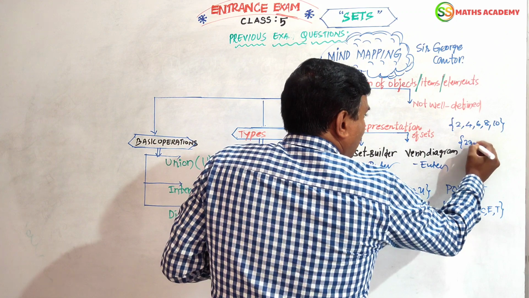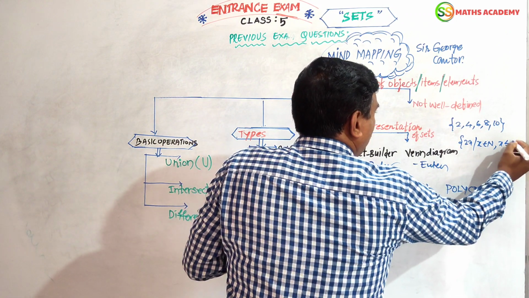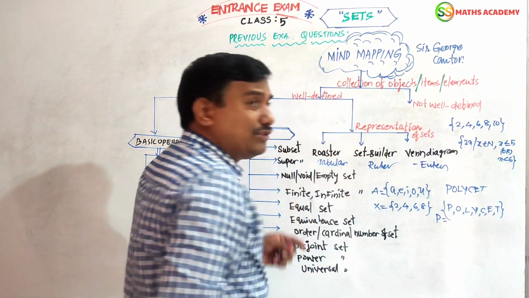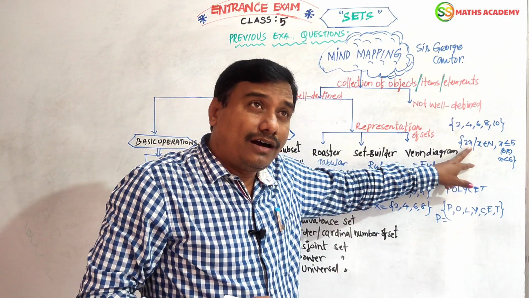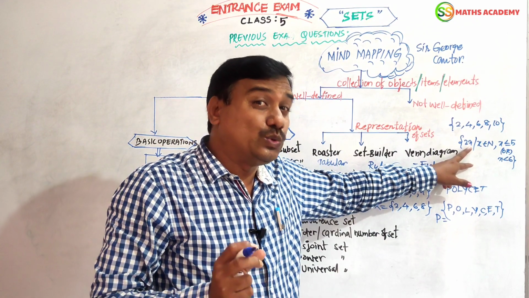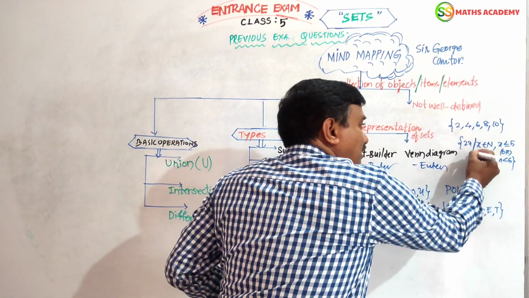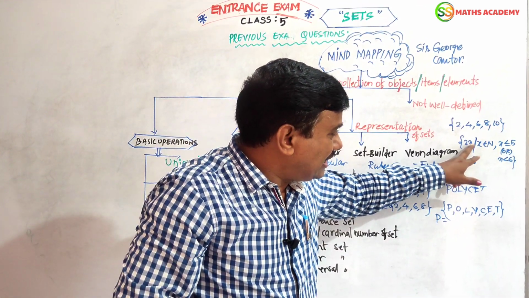Shall I write like this? {2x such that x belongs to N, x less than or equal to 5} or x less than 6. Children, you remember 2x. Yes, I am taking the common property 2x. This is called such that. This is also called such that. This x belongs to.